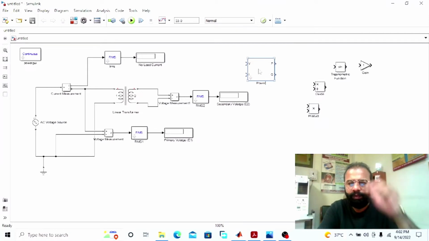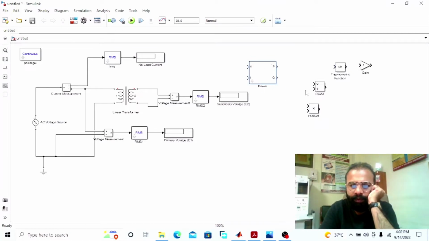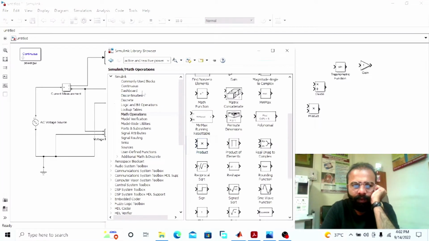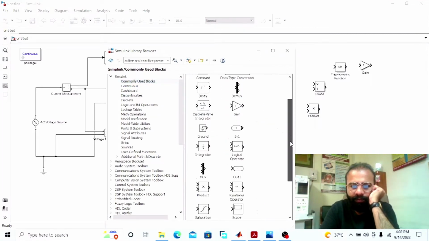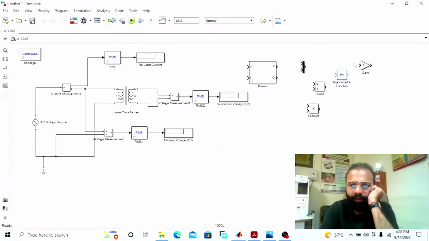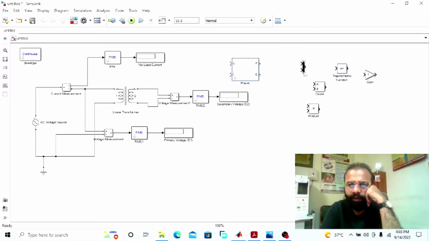This will give us the active power, and we also need the multiplexer. Now assemble these blocks, and then we will connect them as per the diagram.